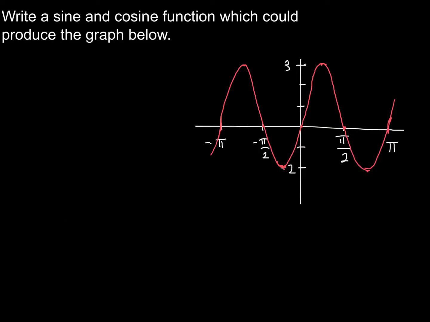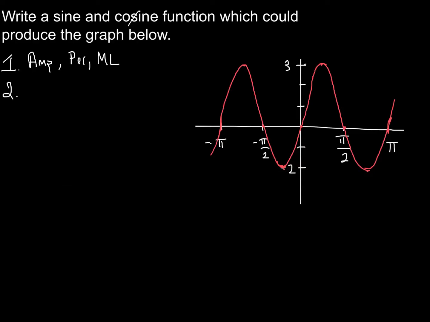So what I want you to do is take a second before you move on to this question and write out some steps that you would want to take in order to write out the function given a graph. All right, so based on that last problem, a couple steps. The first thing that I want to do is find the amplitude, the period, and the midline of my graph.